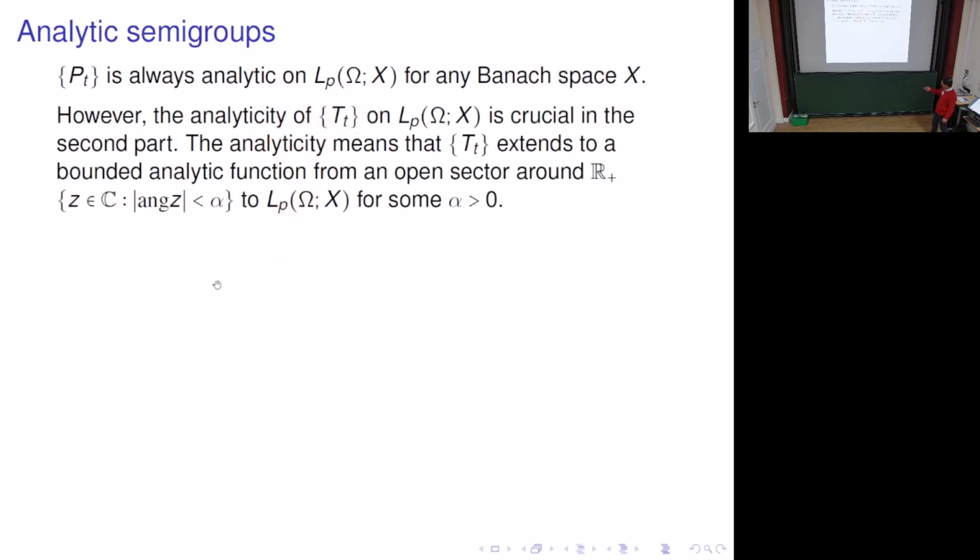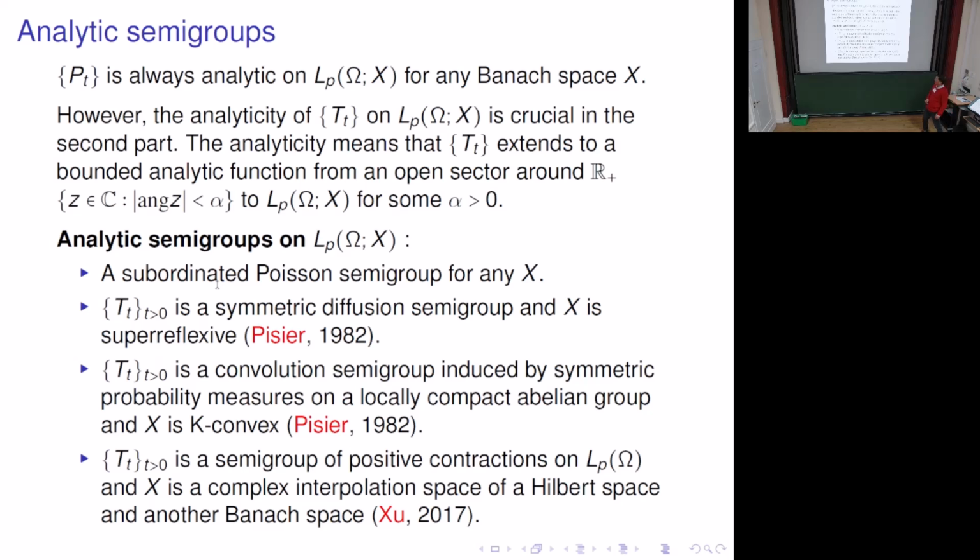So I give you some examples of this, a highly non-trivial example. In this case, if the semigroup is a diffusion semigroup and X is super-reflexive, then the extension is analytic.